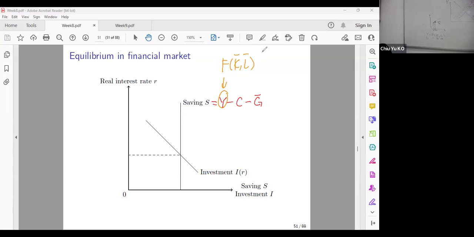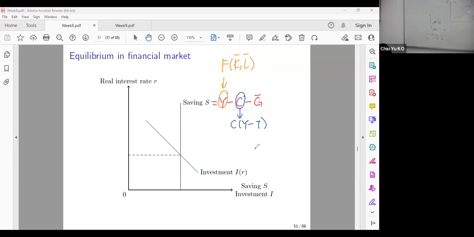Fair, right? And C is what? C, consumption, depends on two things. Output minus tax, right? How much money you have in your actual pocket. But Y is also fixed by capital and labor, right? So how much is consumed is also fixed, right?